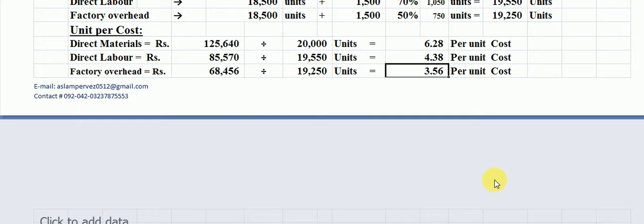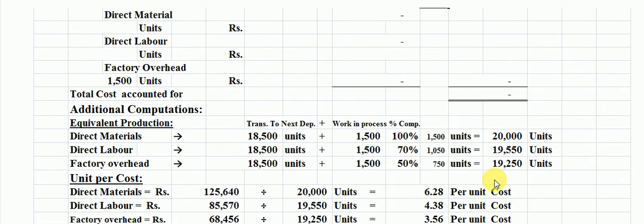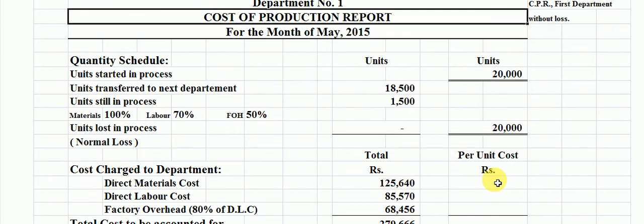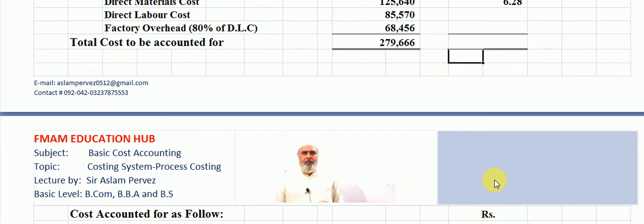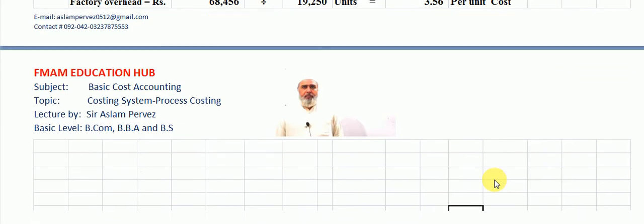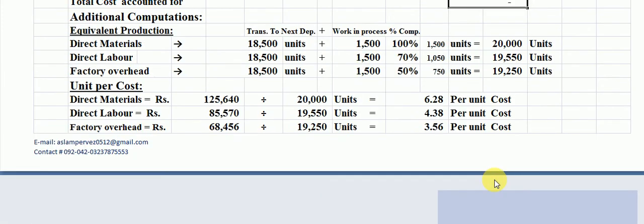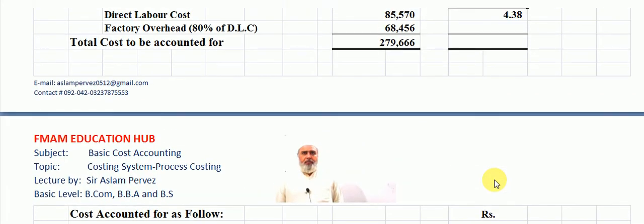Now these unit per cost have to be put in the second section: 6.28, 4.38, 6.28 here, 6.28 here, same as 4.38 here, 4.38 here, and also the FH is 3.56 here.